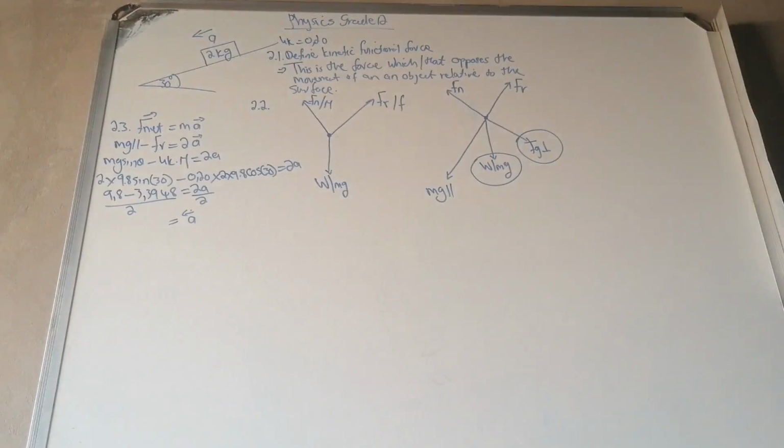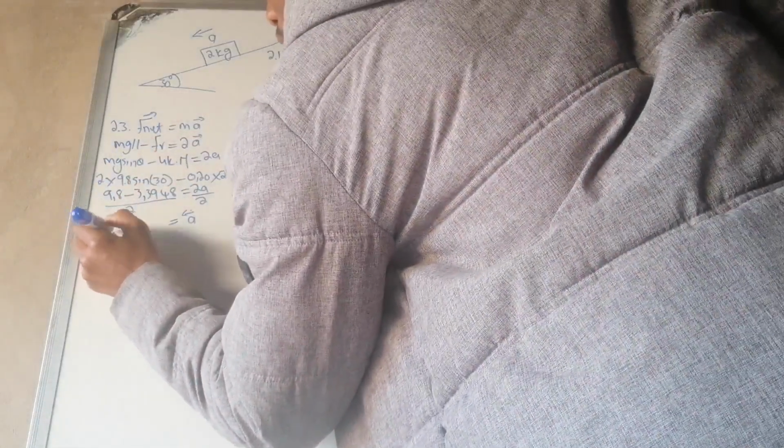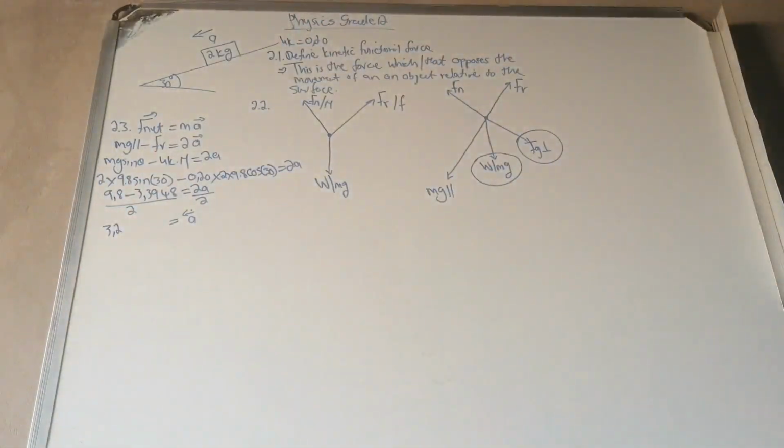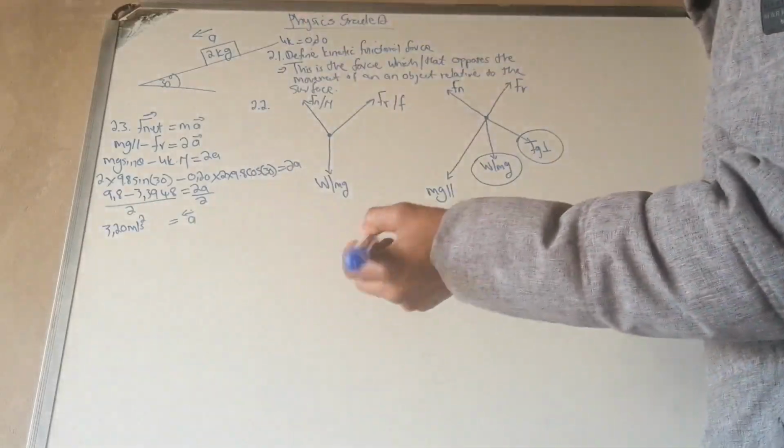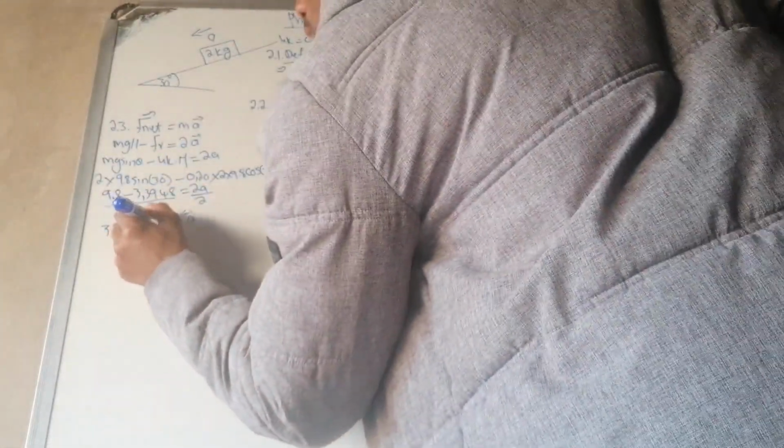So I can say 9.8 minus the answer that I found, and I can divide that by 2, which is the mass of the object, and I will find my acceleration as 3.2. You can say 3.20 if you want, meters per second squared. This is a positive answer, meaning now.